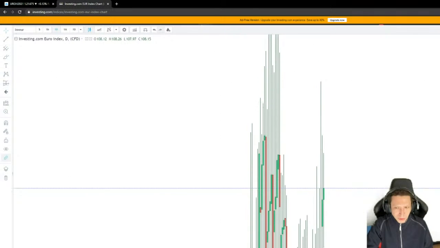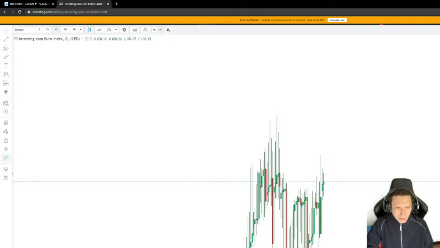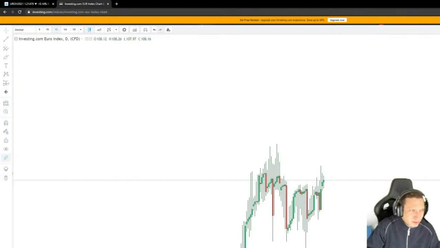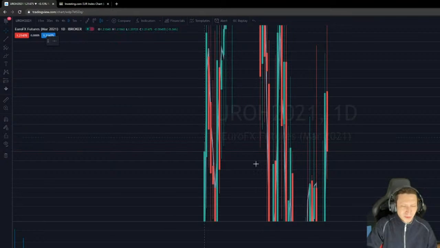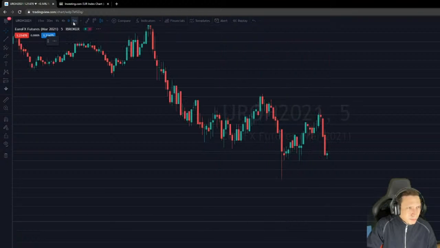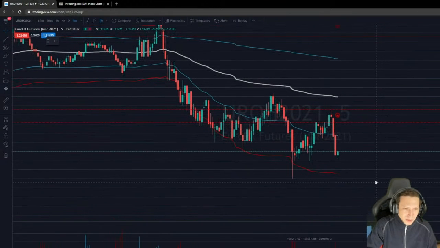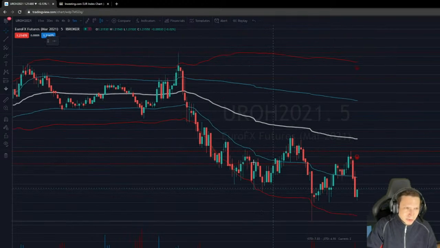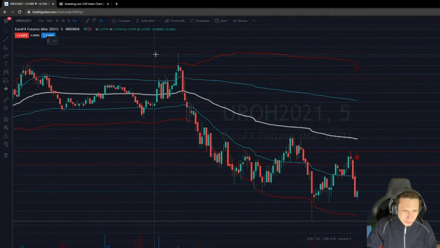But I always like to see what's going on the daily, just to see if everything matches on my system. Okay, so on the TradingView, we can see that on the short term it is going a little bit down.